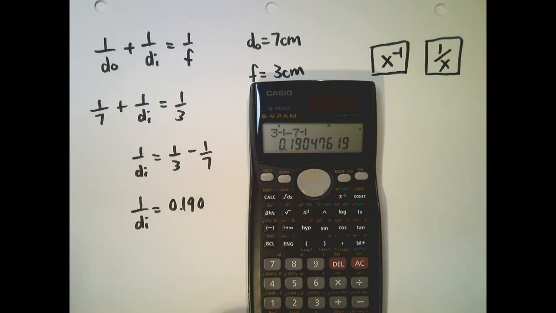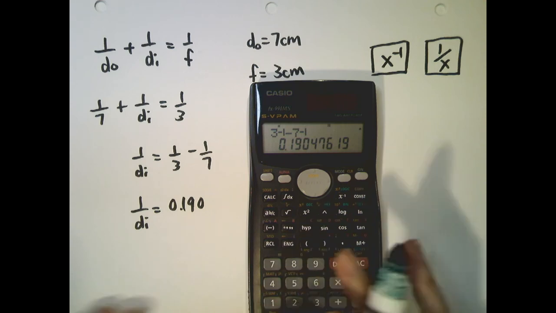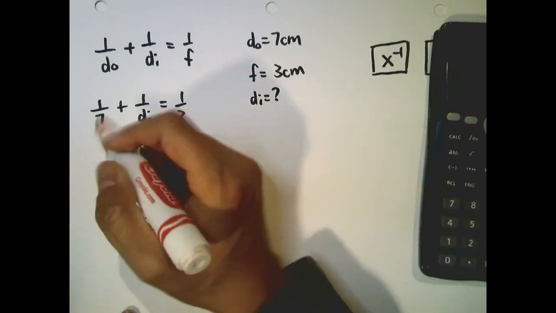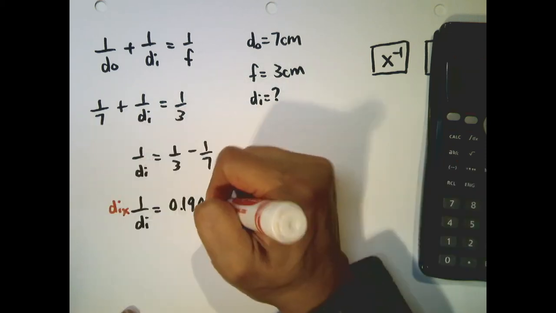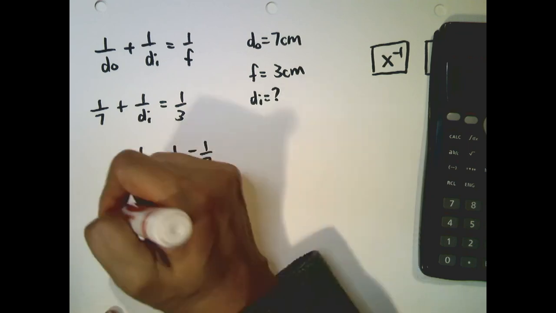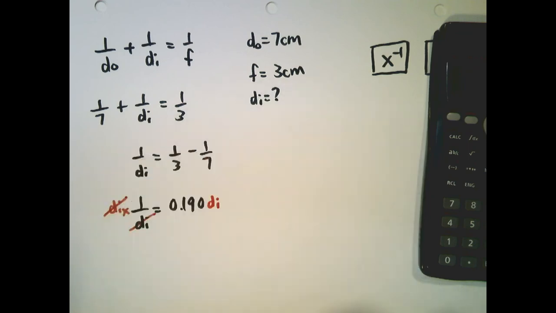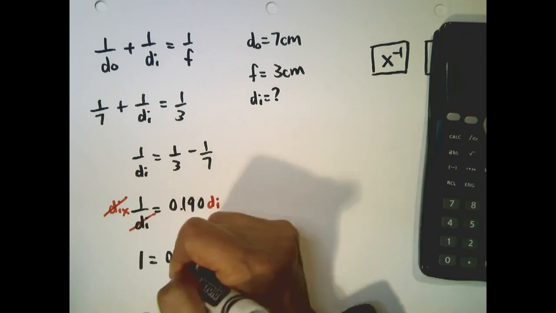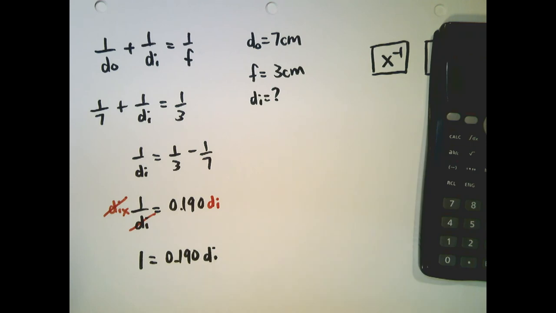So we need to actually flip it or invert it, okay? So when I do that, what happens is in mathematics, we don't want di at the bottom. So we're going to multiply both sides, okay? So if I multiply both sides by di, I get rid of that and I get 1 over 0.19 di, okay?